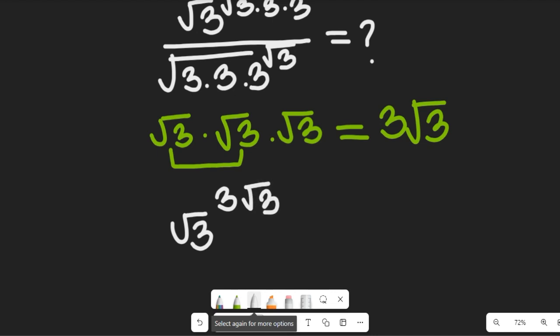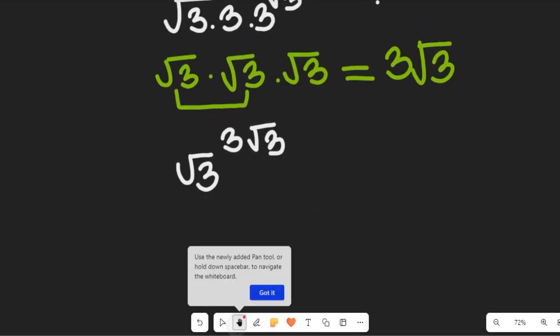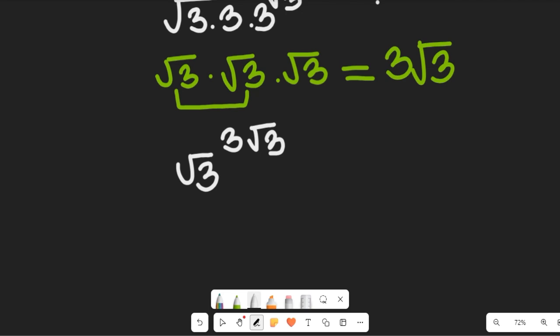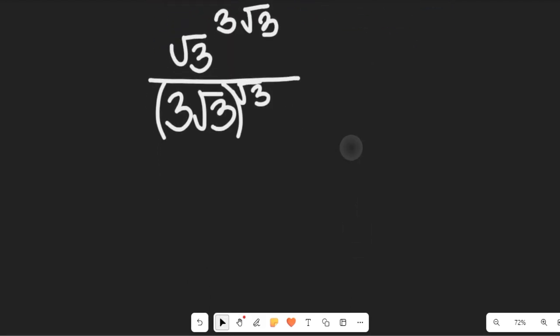And the denominator will now be equal to this expression divided by 3 to the power of 3 root 3, right? And this will be to the power of the square root of 3, right? Good. That is exactly what that numerator is going to give us. Now let's expand this expression.